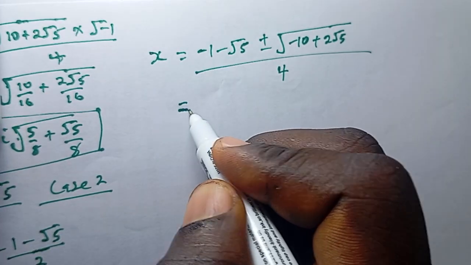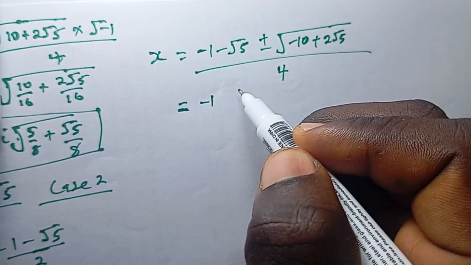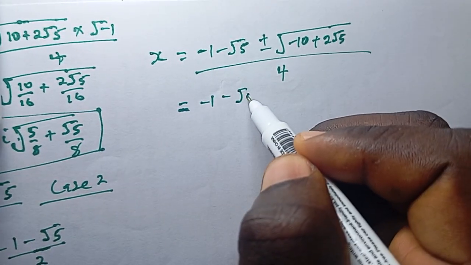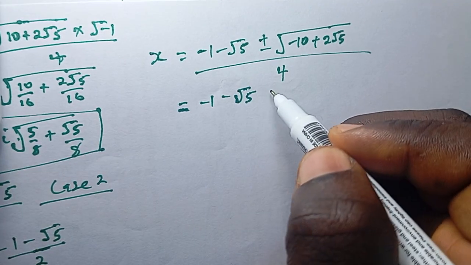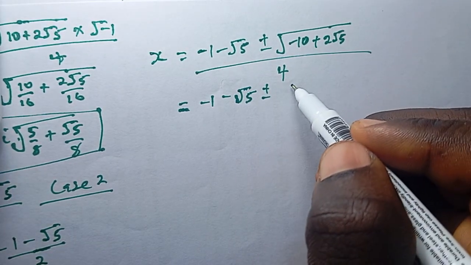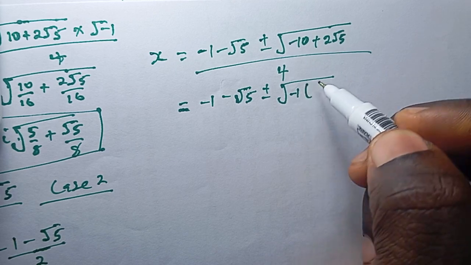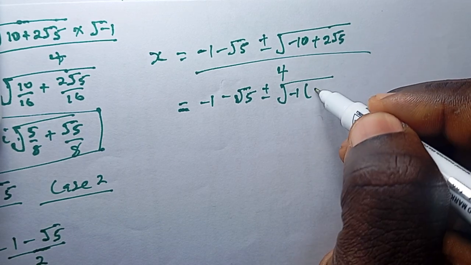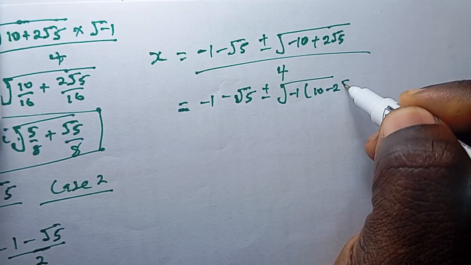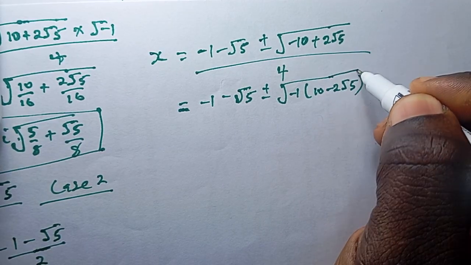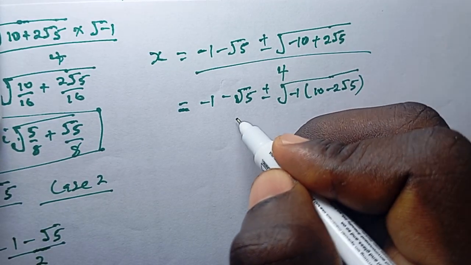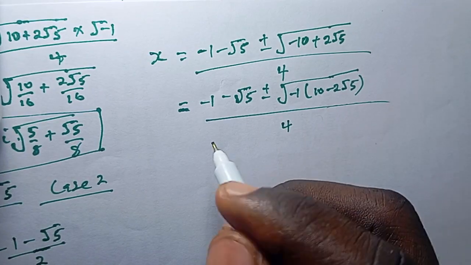So this will be equal to -1 minus root 5 plus or minus root, I can also factor out -1, and then I'll be having 10 minus 2 root 5, and all of this divided by 4.